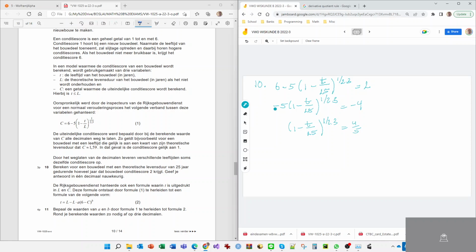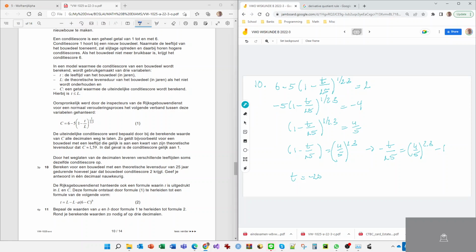And now you can take both sides to the power 2.3, so that you isolate the linear term in T. So you get 1 minus T divided by 25 is 4 over 5 to the power 2.3, and that means bring 1 to the other side.